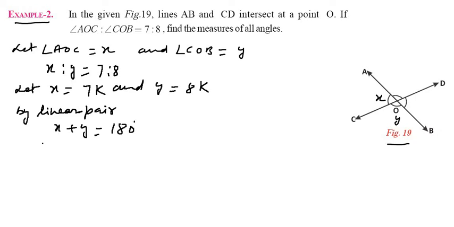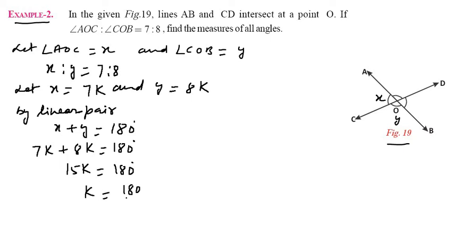Put the value of x as 7k and y as 8k, equal to 180 degrees. 8 and 7, that is 15k, is equal to 180 degrees. So k is equal to 180 divided by 15. So k will be equal to 12.